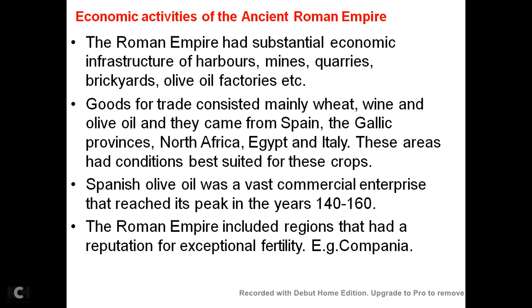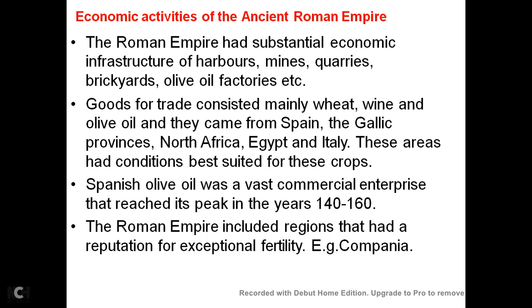In other words, the big landowners from the different regions competed with each other for control of the main markets for the goods which they produced.